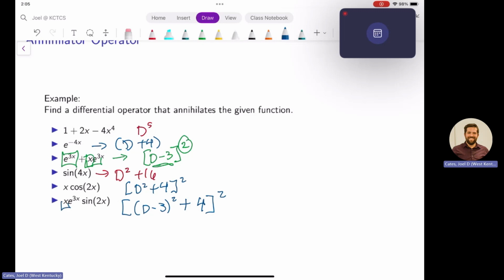So that's how we annihilate, right? Because in this last one, once again, I have alpha is 3, beta is 2, and n minus 1 is 1, meaning that n is 2. So that's how we annihilate.